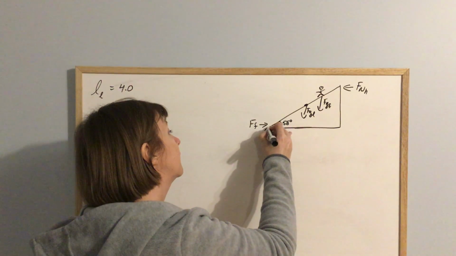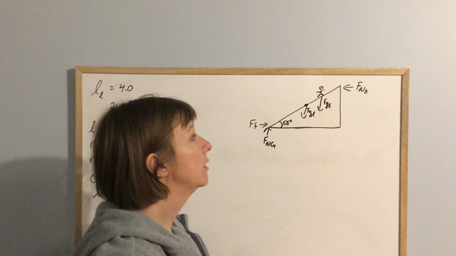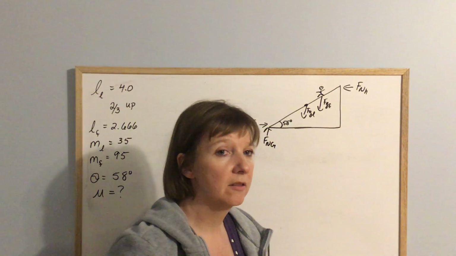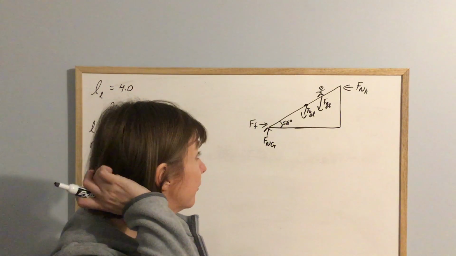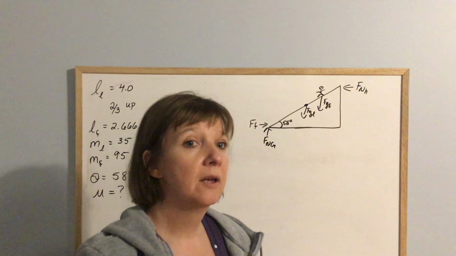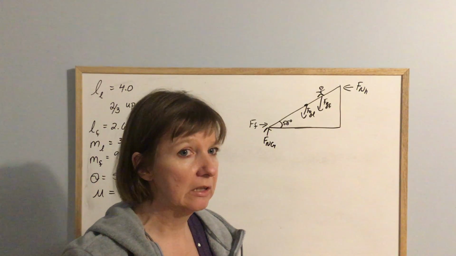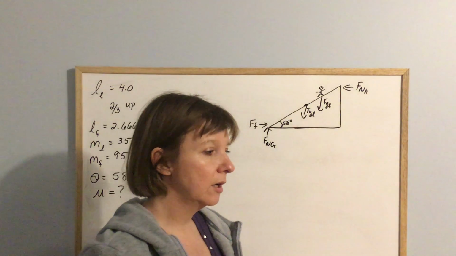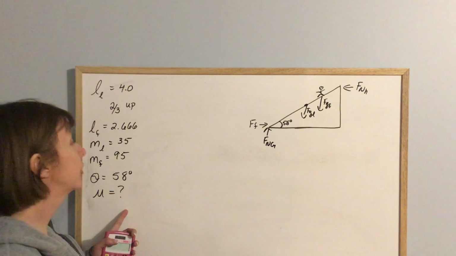Well, because there is a normal force that the ground is exerting on the ladder. Those are all of the forces that are happening. Now, some of them are going horizontally and some of them are going vertically. So the one we want to talk about is the coefficient of friction.